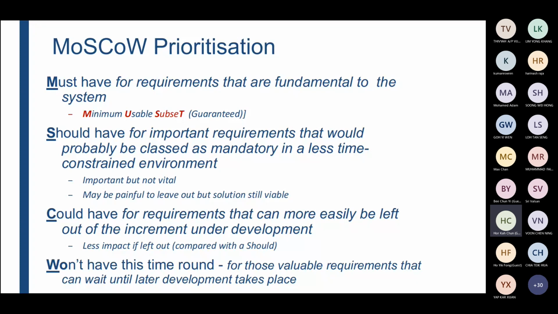But it can easily be left out if less impact or it is not required, that is okay. So it's like a suggestion. Could have included, could have requirement, right? So first category is must, second category should, third category could, and the last one is won't have this time around.